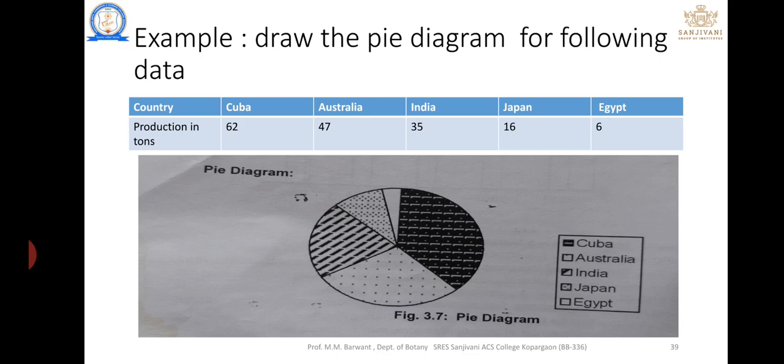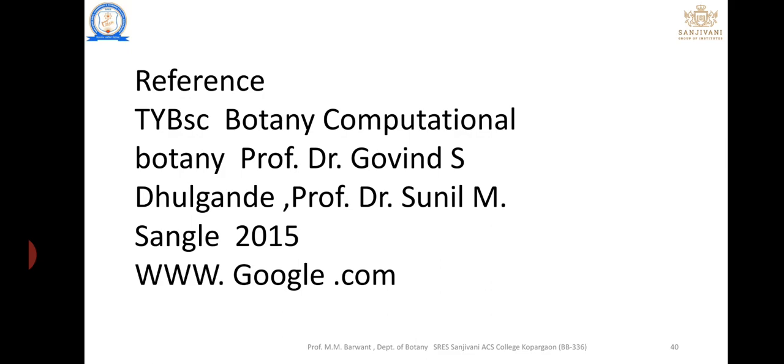There is a small column for the symbolic representation and one pie diagram having the measurement of 360 degrees. Then, using the formula, we calculate each country's degree, and from the center draw a line, which is known as the radius. From the radius we take the measurement, and from the measurement we draw the diagram.